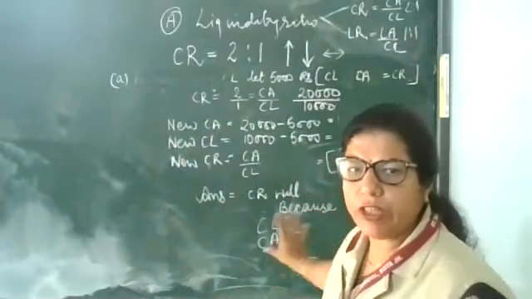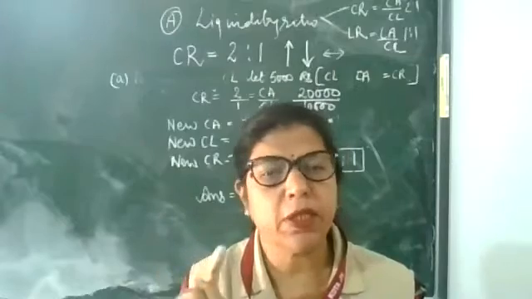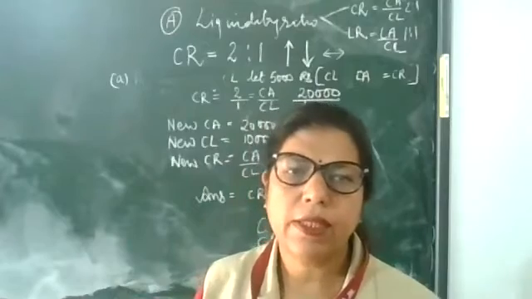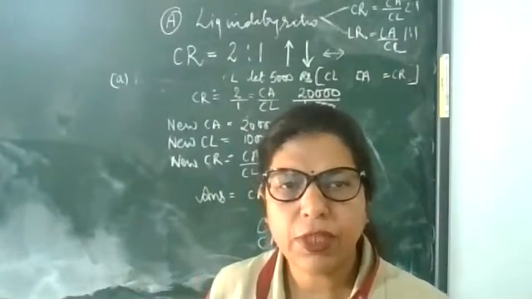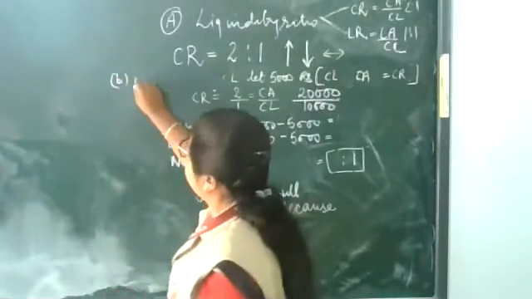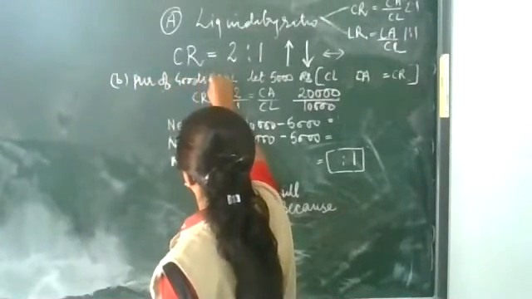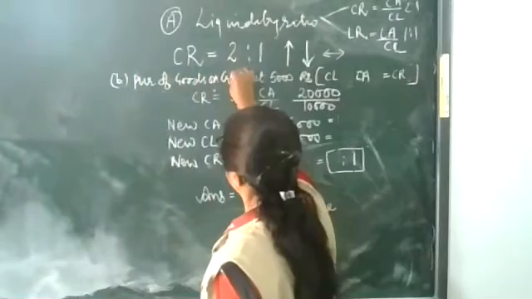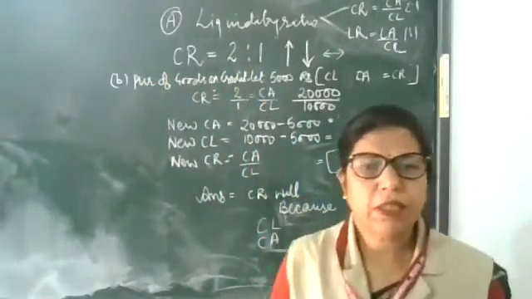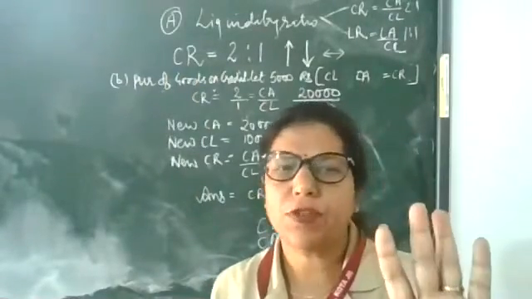I have not changed many things. It is a simple way you can put in your mind, because there is lack of time for accountancy people. So, second part: purchase of goods on credit, let it be 5,000 rupees.